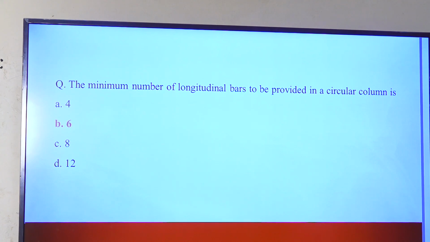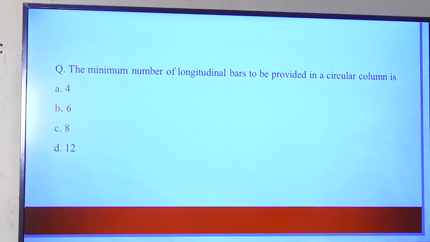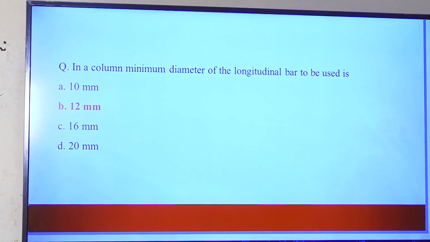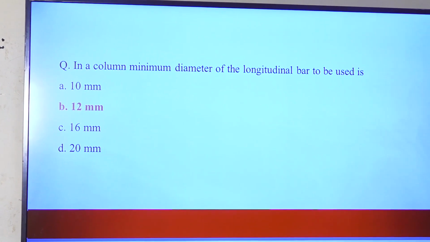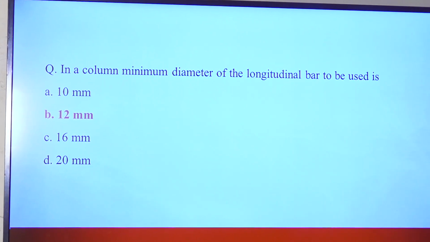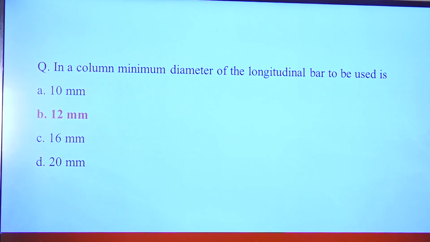If the column is circular, minimum 6 bars should be provided as longitudinal reinforcement. Next question, in a column, what should be the minimum diameter of the longitudinal reinforcement bar? We saw that it was 12 mm.